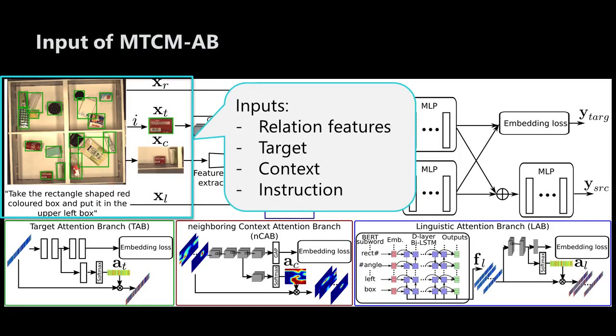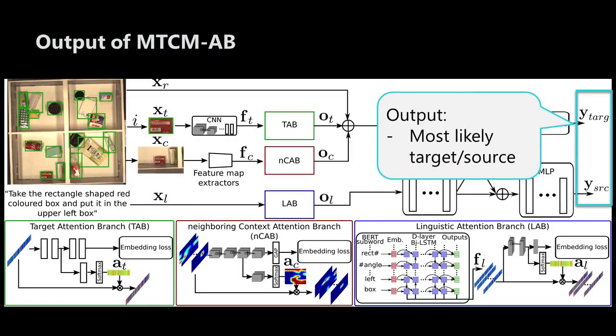The linguistic input is simply the instruction as a natural sentence. The outputs of the MTCM-AB are the likelihood of the candidate target and source.